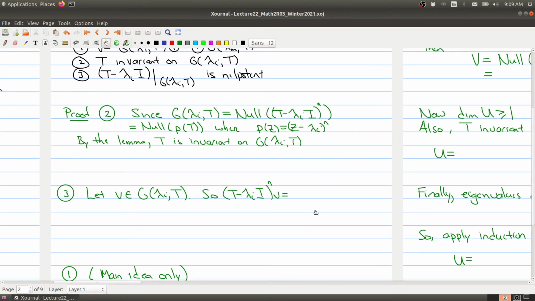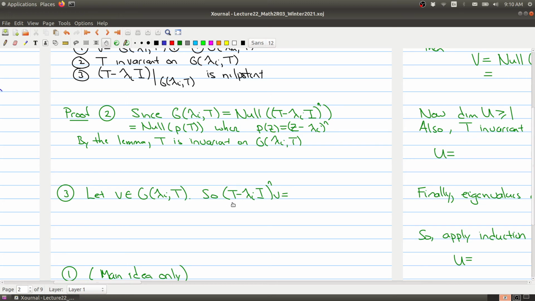Similarly, let's check that if we restrict to the vectors inside the generalized eigenspace, this operator is nilpotent. To see that, let's take a vector v inside of this space.